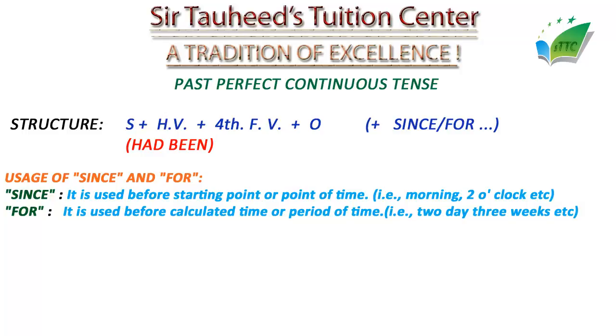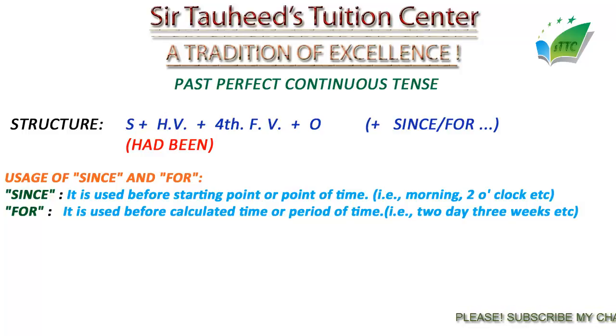After the helping verb, we use the fourth form of the verb, which is also called the present participle form. And after the main verb, we use an object. Object is something which is connected to the verb. Then after the object, we sometimes use a preposition to mention the timing or duration of the activity.